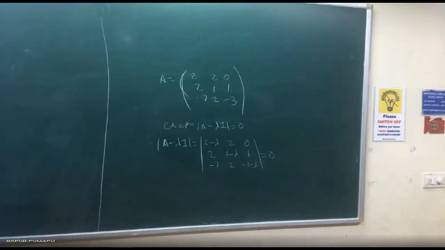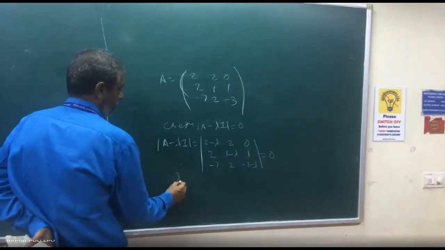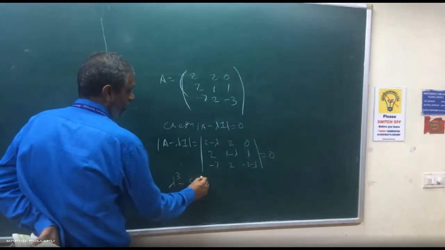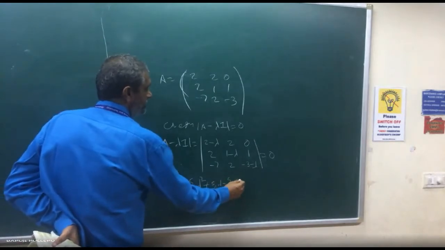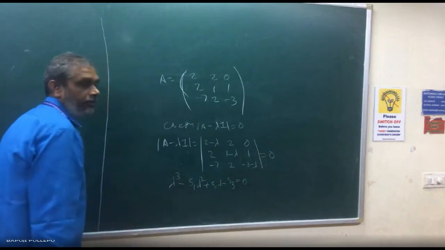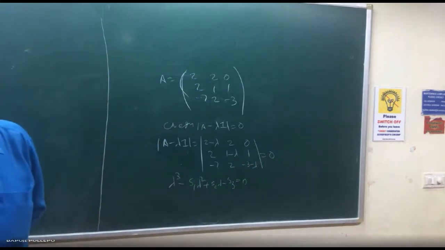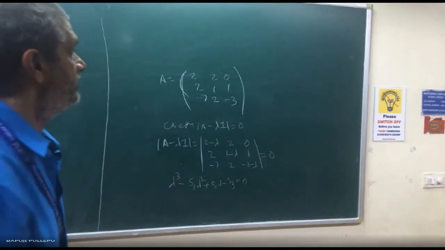Then I told you that you can write lambda cubed minus s1 lambda squared plus s2 lambda minus s3 is equal to 0. What is my s1? Trace.